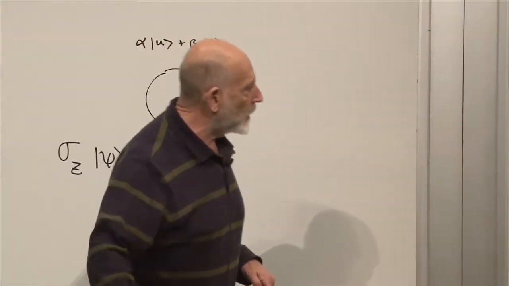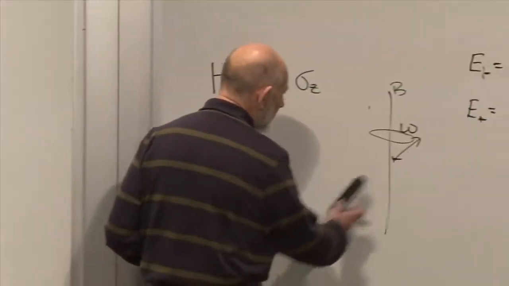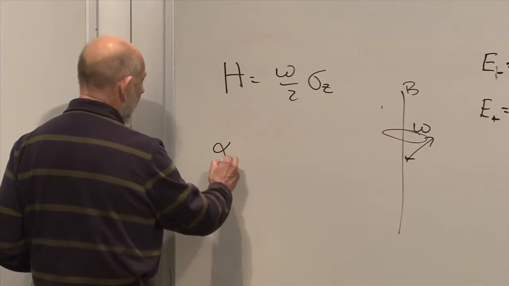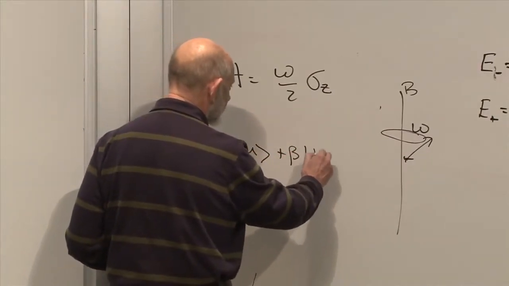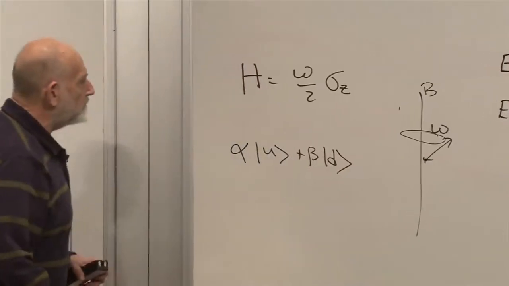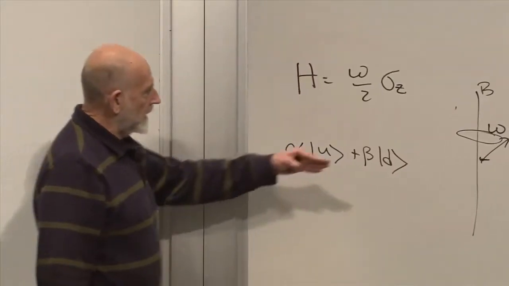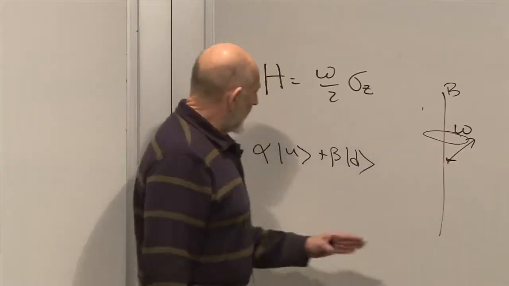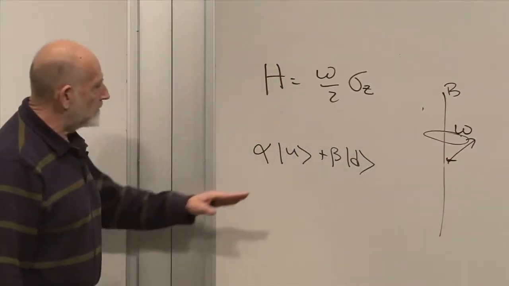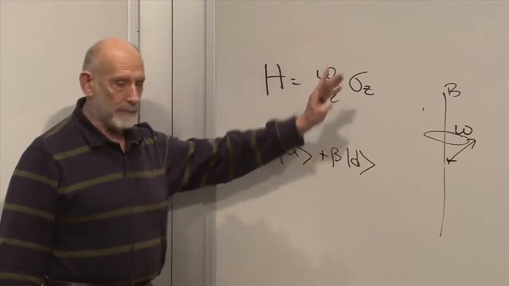In fact, let's suppose that the initial state is some alpha up plus beta down. If alpha and beta are equal, that corresponds to being oriented along the x-axis. If alpha is 1 and beta is 0, that's pointing up.